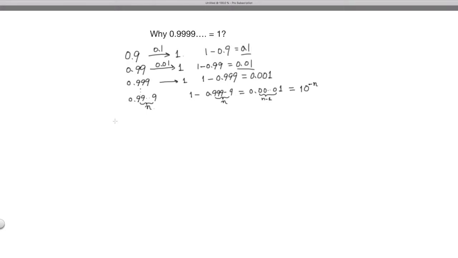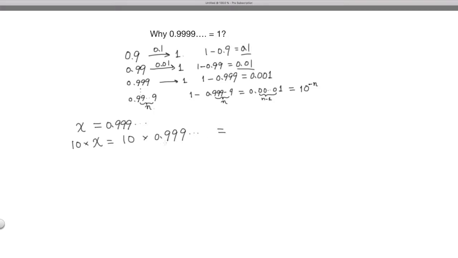So let's show that. To do that, let's first denote this number, 0.999 forever 9, as x. The value of this 0.99 forever 9 is x. The trick here is to multiply by 10 on both sides. So 10 times x is going to equal 10 times 0.999 forever 9s.